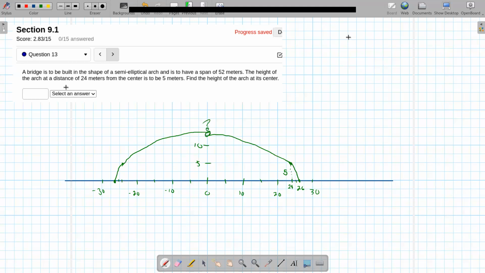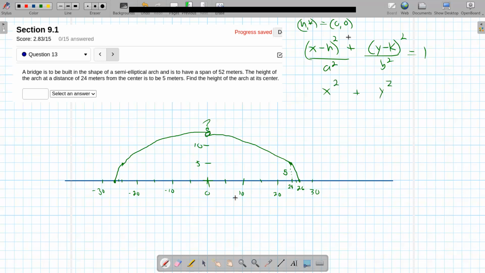So let's see. Let's work out what we do know. So general form for an ellipse, x minus h squared over a squared plus y minus k squared over b squared has to be 1. And I just designed this to be centered at the origin here, so my h and k are 0. So now I have x squared and y squared.